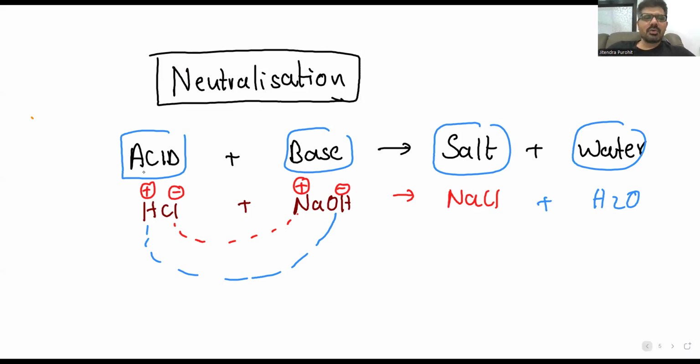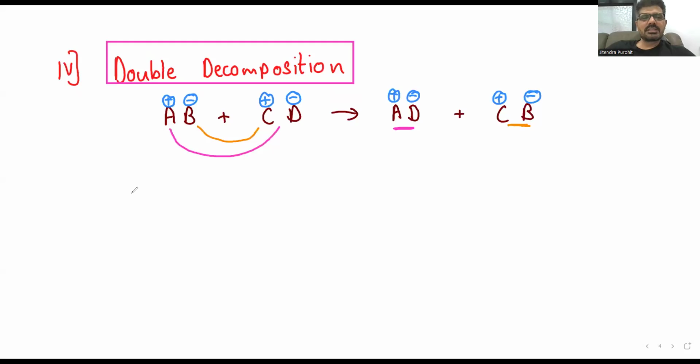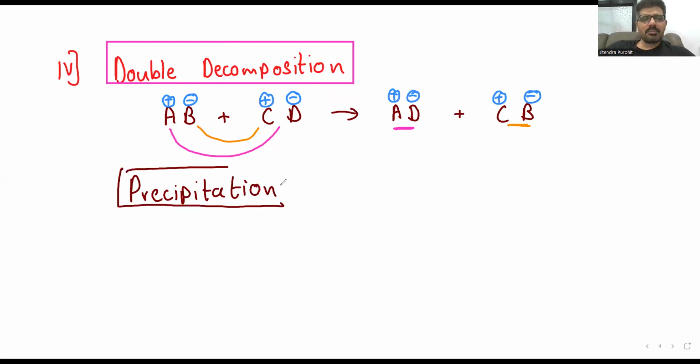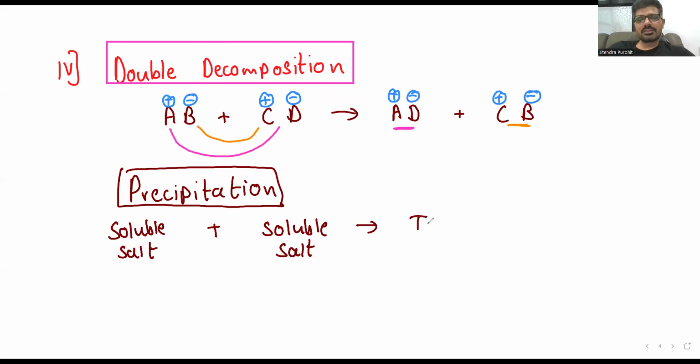But beta, there is one more in this. We call that reaction precipitation. In precipitation, you take two soluble salts. Soluble salt plus soluble salt gives you an insoluble salt plus a soluble salt.